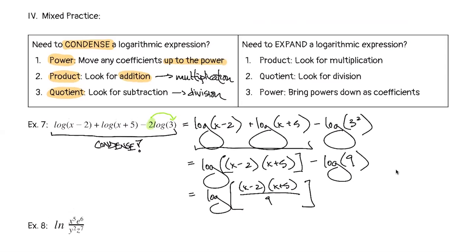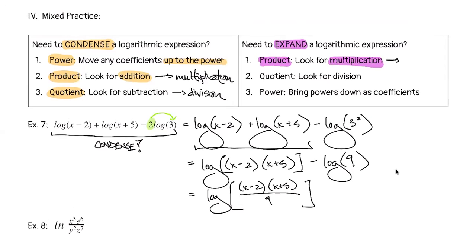All right, let's take a look at expanding log expressions, okay? So when we're expanding log expressions, I usually do it in kind of a reverse order, but really I just move the power to the end, okay? So the first thing I look for is any multiplication.